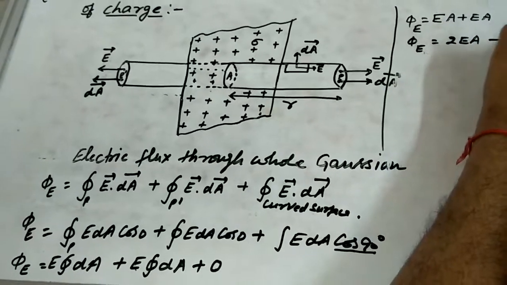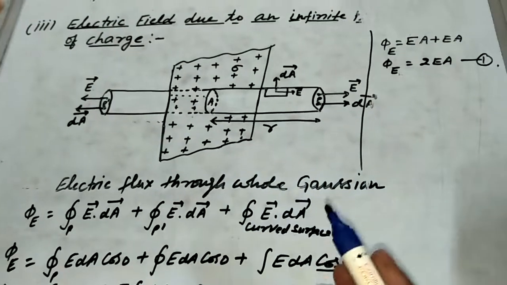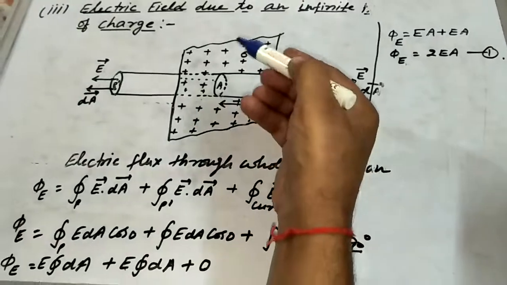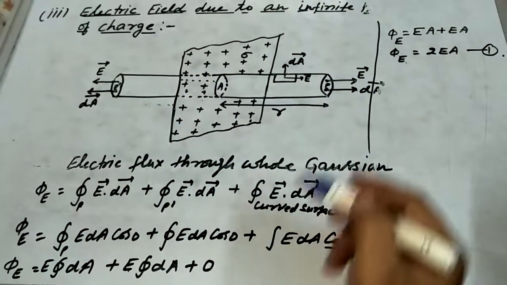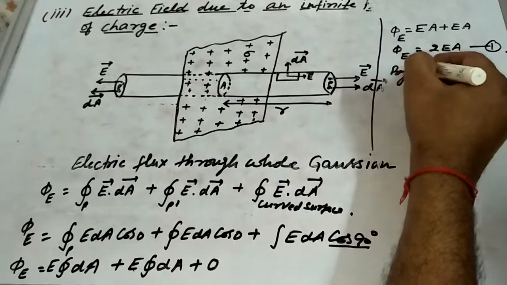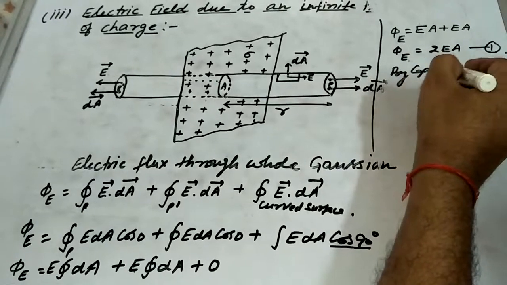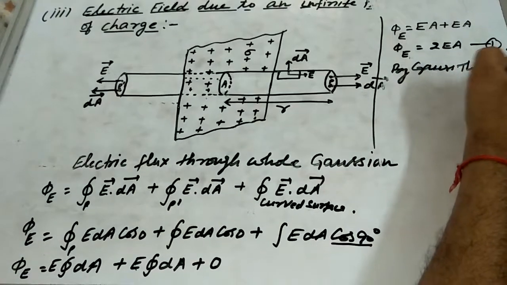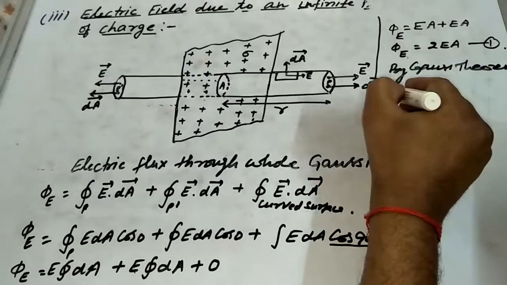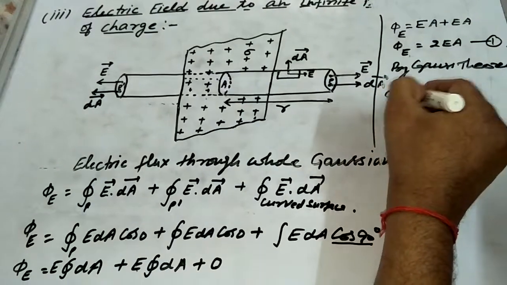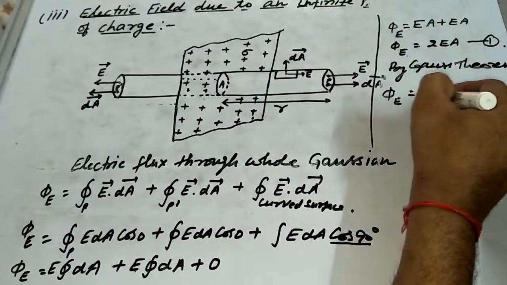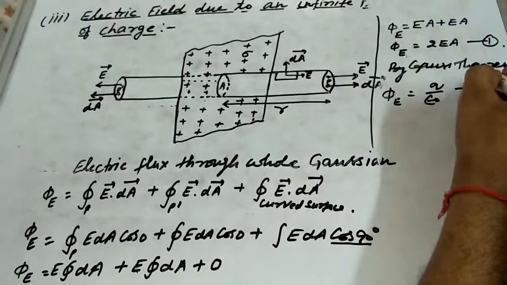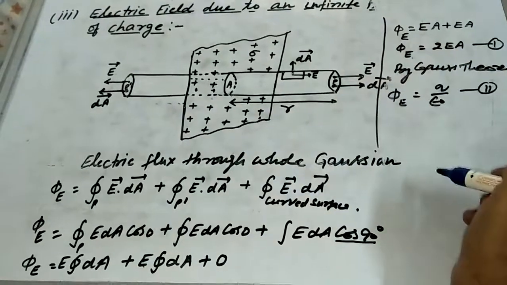Suppose this is equation number 1. This is by your calculation the total electric flux passing through the entire Gaussian cylinder. But by Gauss theorem, you can write phi E is equal to Q upon epsilon naught, and both electric fluxes should be the same.